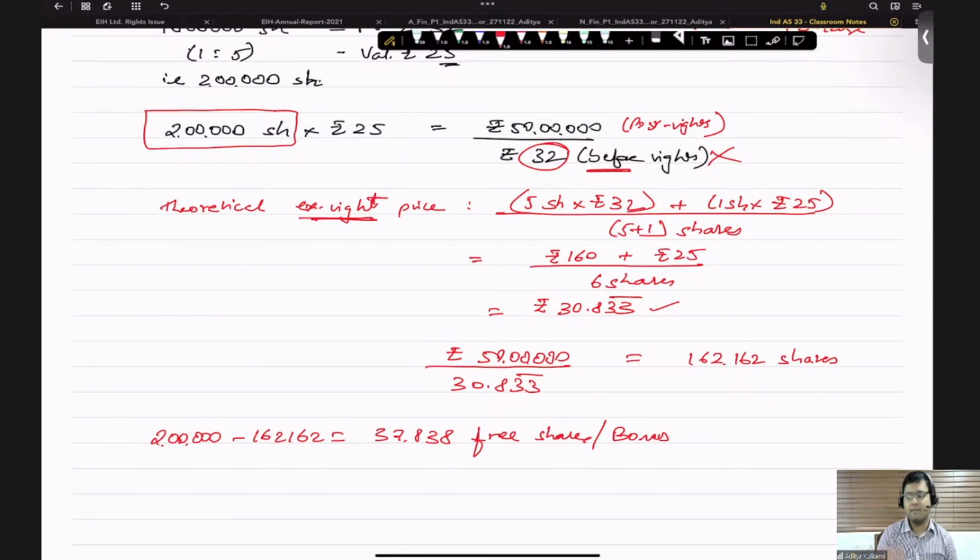Ultimate interpretation remains the same, that 1,62,162 shares are at fair value and 37,838 is free shares, or what we call bonus shares. Is it okay? So far, have you guys understood?